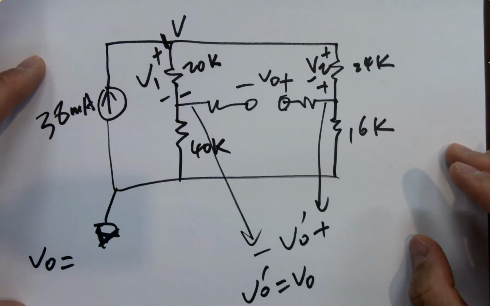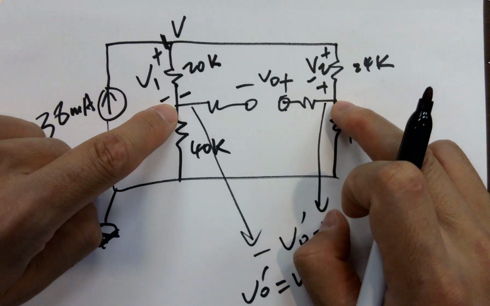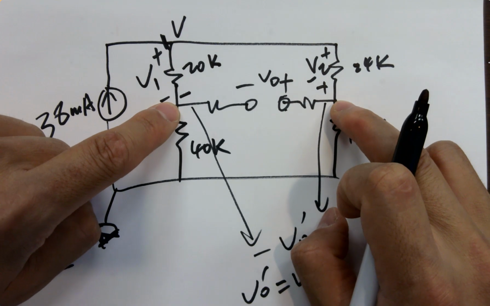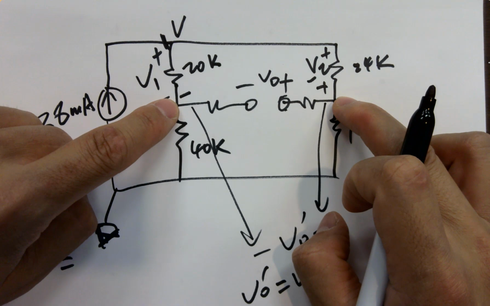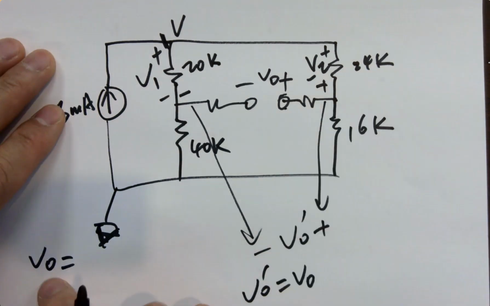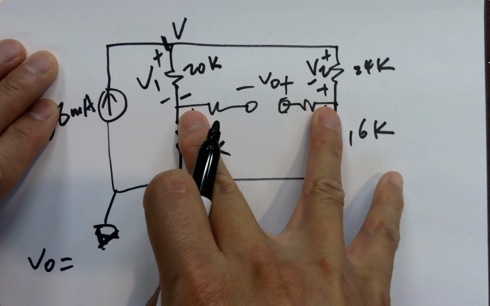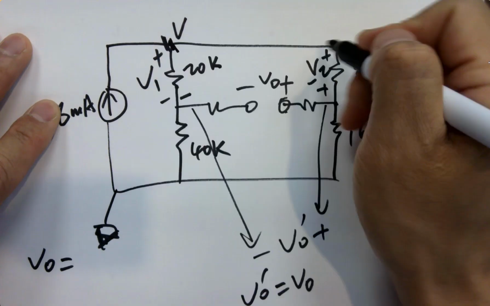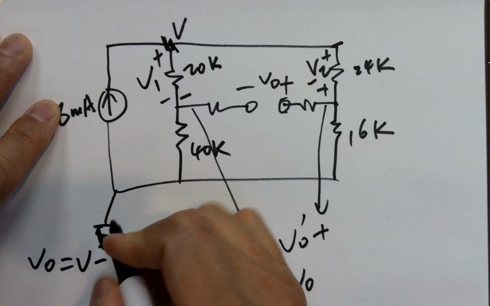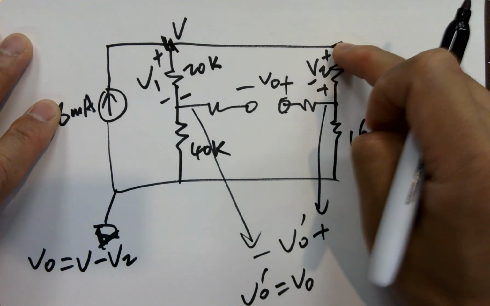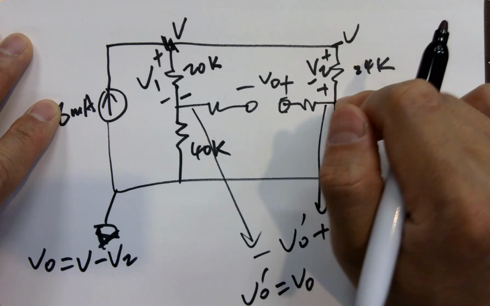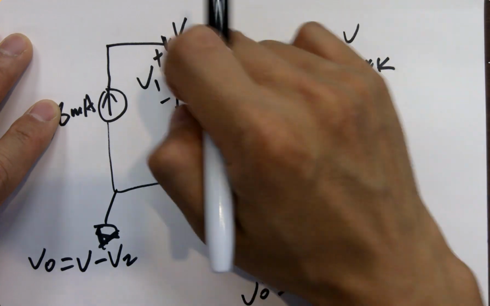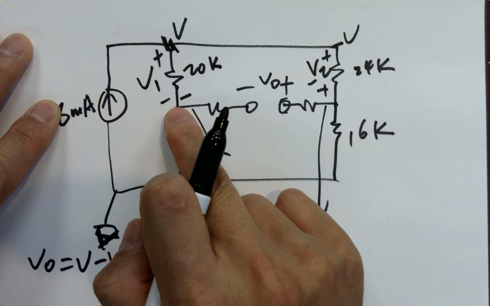Just find out the voltages at these two nodes and do the subtraction, right? So V out equals V dropped by V2, you got a voltage here, and V dropped by V1, you got a voltage here.